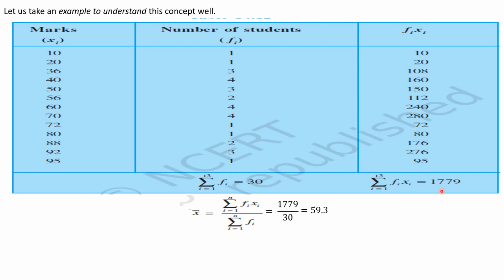Yes, 1779, divided by the value of sigma fi, which we have found here is 30. Understood this point, my children? That is equal to 59.3. In the previous slide, I divided this number 1779 by 30 by long division and we got 59.3. Understood this point, my children? Right.